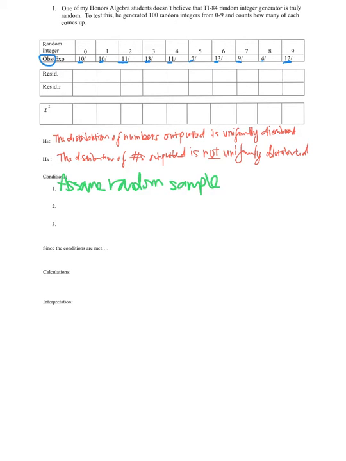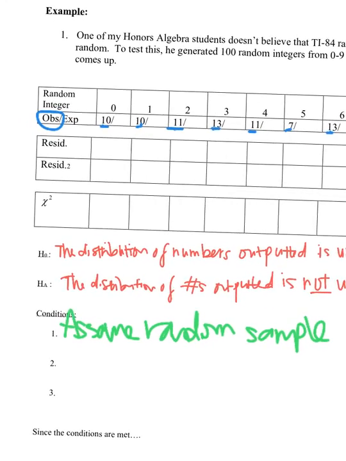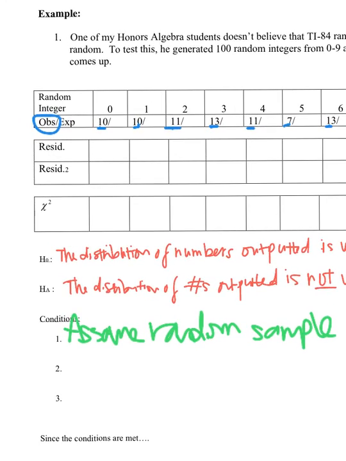All right, so if we go back up to the chart here, let's figure out what our expected counts should be. In this case, if the null hypothesis is true, how many zeros would we expect if we picked 100 random numbers? So if the null is true, that the output is uniformly distributed and there are 10 different numbers, we would expect 10 zeros to come up out of that 100. And same with ones.